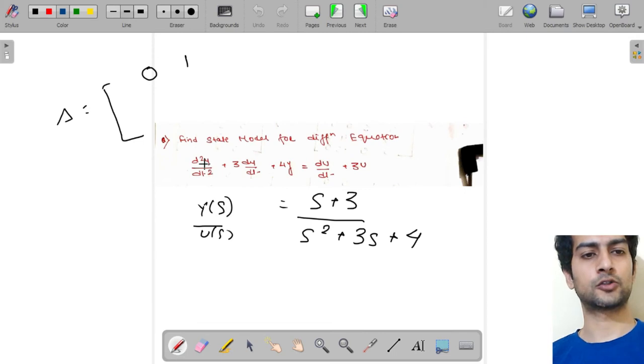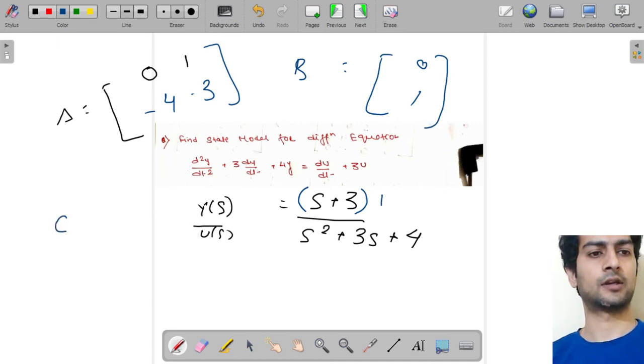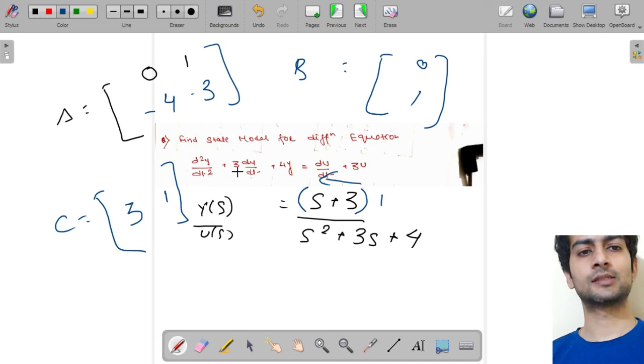So now order is 2, number of state variables will be 2, so 0 1, and here I will write minus 4 minus 3. Now B and C, what will be the gain? 1, so B is 0 1. Now C: take the coefficients of the numerator in reverse direction without opposite sign, so it will be 3, 1. So by these 3 examples, I think now you are comfortable that if a differential equation is given, how you will convert it into transfer function and how you will convert it into state model.